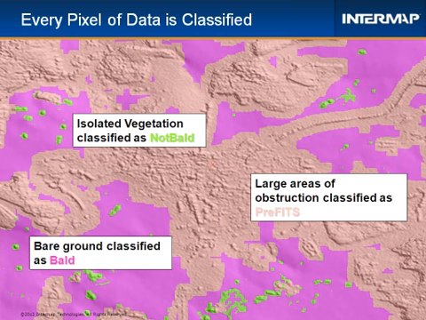So the green areas that you see sort of isolated around this image are what are defined as not bald, meaning areas that have an individual obstruction, be it a telephone pole, a house, a small area of trees, things that the software can easily identify all the elevation points around that obstruction and interpolate the surface and remove the obstruction.